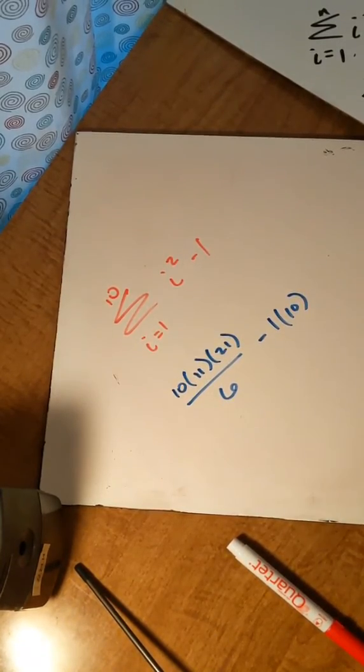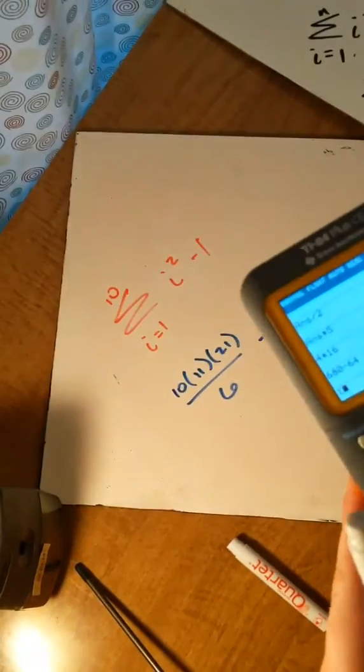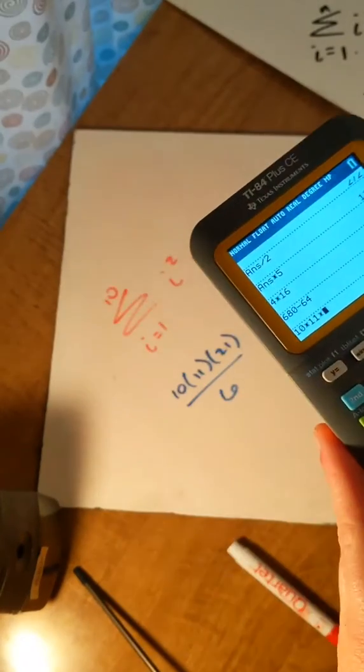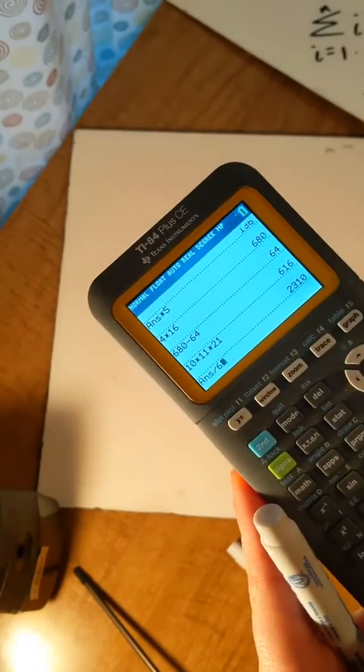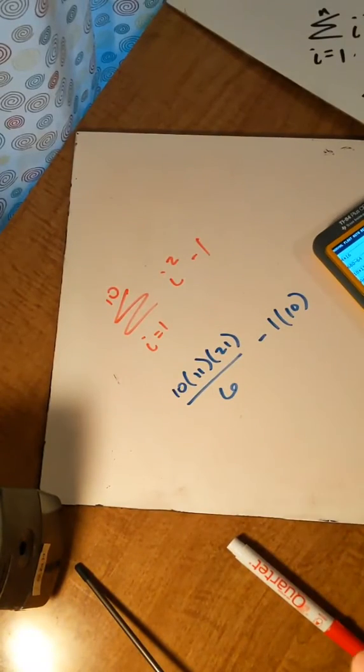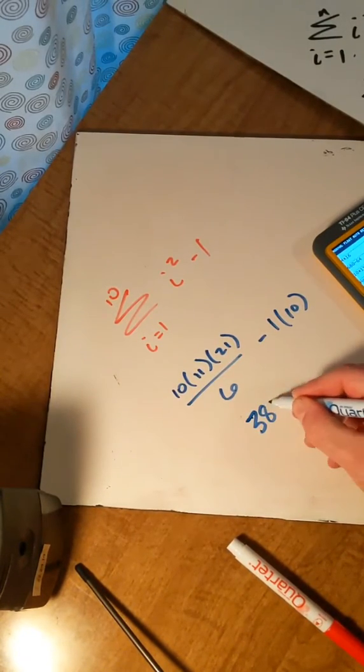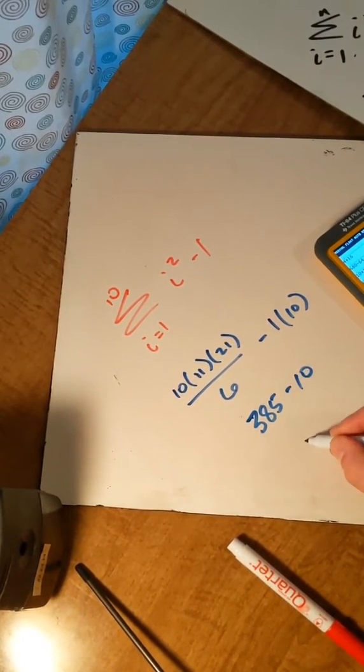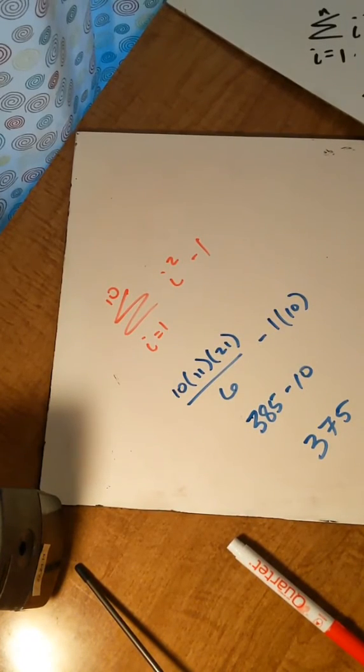Okay. So we just break them down. All right, so 10 times 11 times 21 divided by 6. First number is 385. And then minus 10. So 375. Okay.